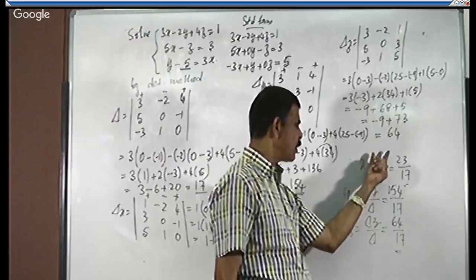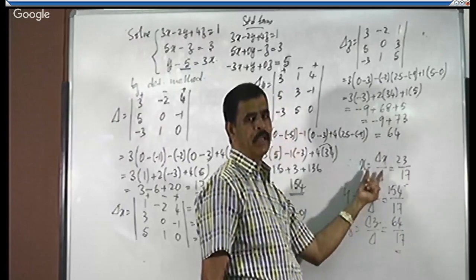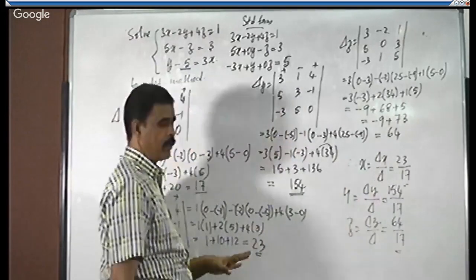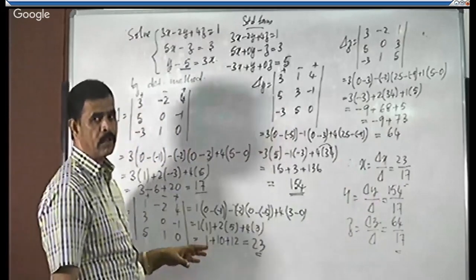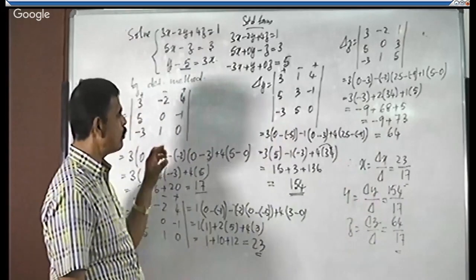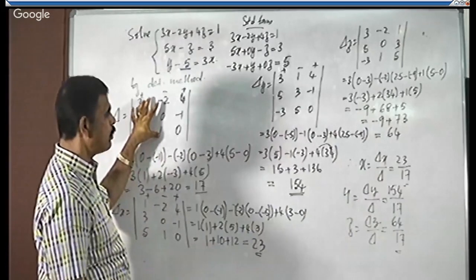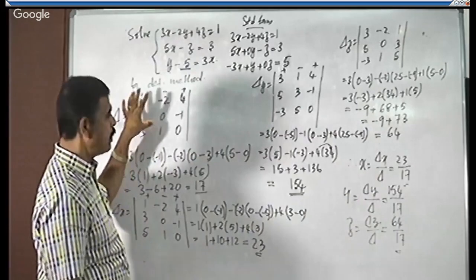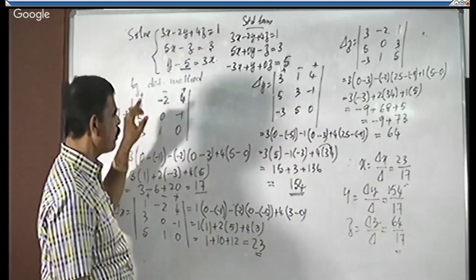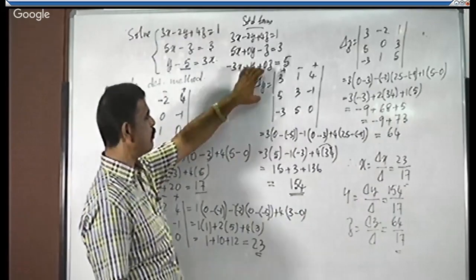Therefore, calculate only delta x and delta. If they ask only y, solve for y, what you have to do? You have to get the delta. It is commonly required to get x or y or z. Along with delta, to get y, we need delta y.